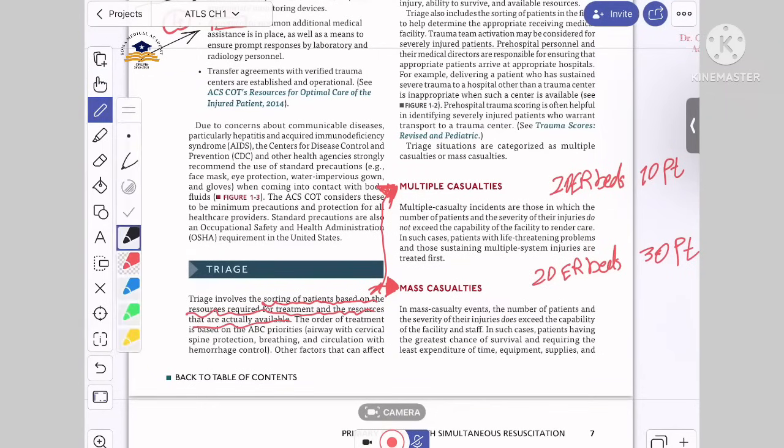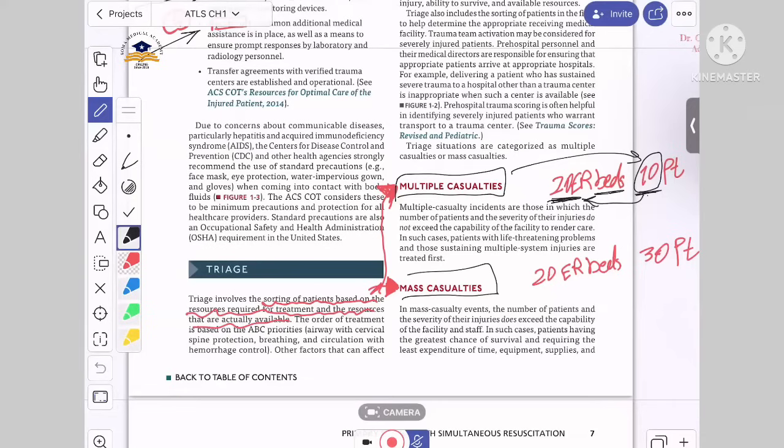For multiple casualty, for example, your ER has 20 beds and you receive 10 multi-trauma patients. The patients are fewer than the ER beds, so you can handle those patients in this emergency department.